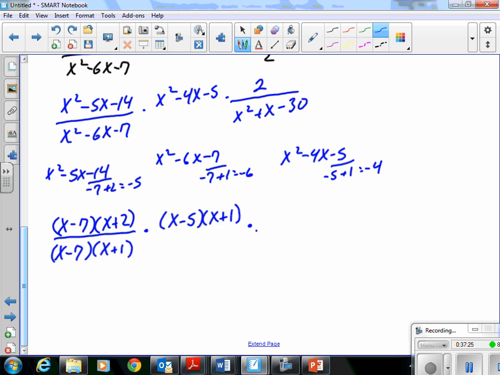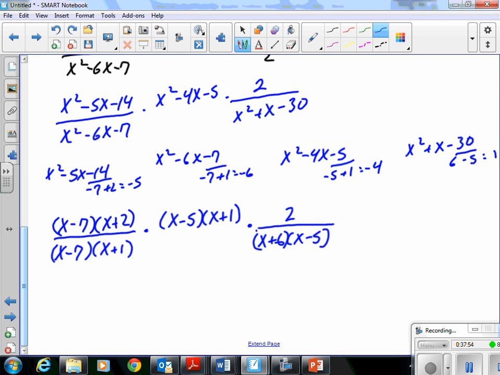And multiplying that times 2 over, factor x squared plus x minus 30. Factors of negative 30 that will add up to positive 1. Got to be positive and negative, so it's going to be positive 6 and negative 5. Add those together would give you 1. So x plus 6, x minus 5.